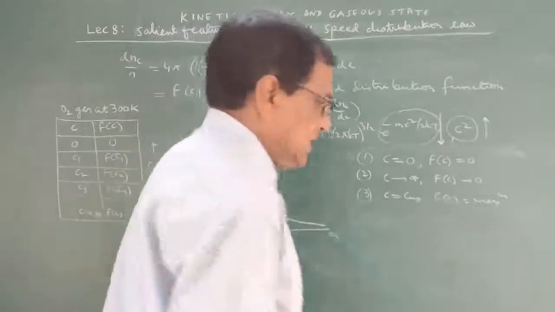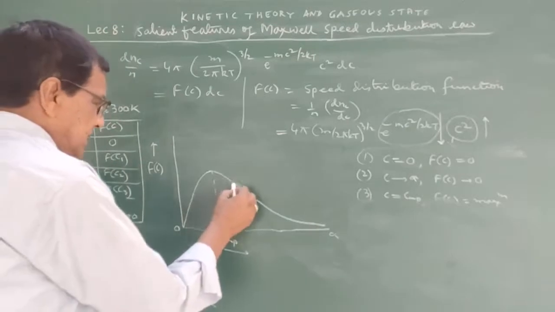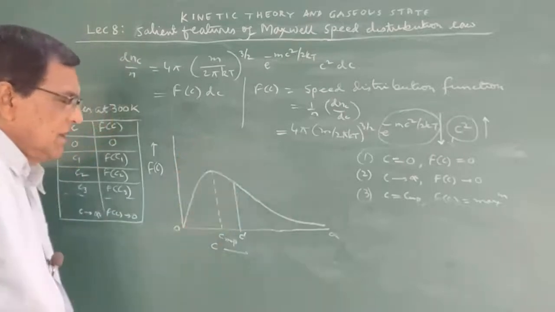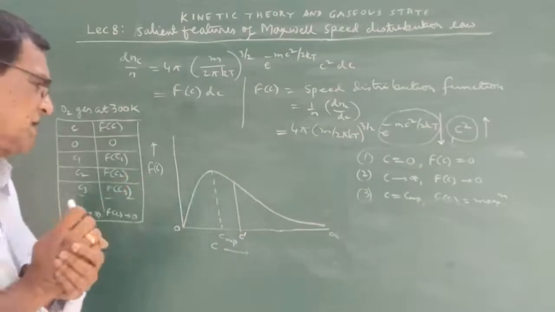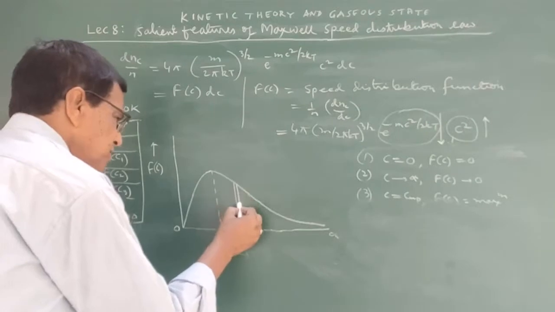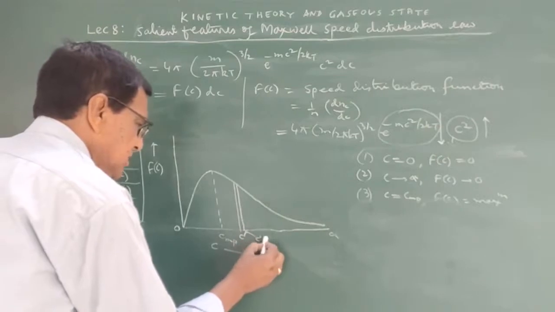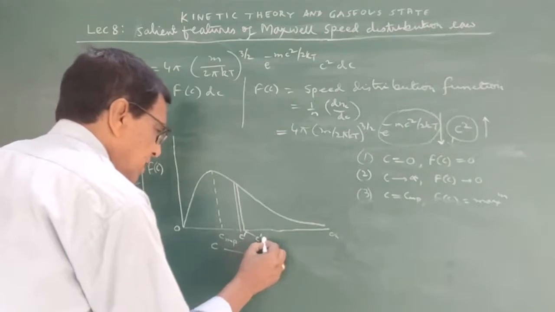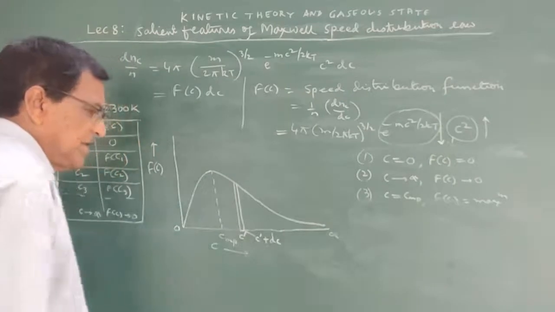Again, another thing. Suppose here it is the fraction of the molecules having this speed C dash. And if we make a small range, suppose this one is C dash plus dC, dC the range.